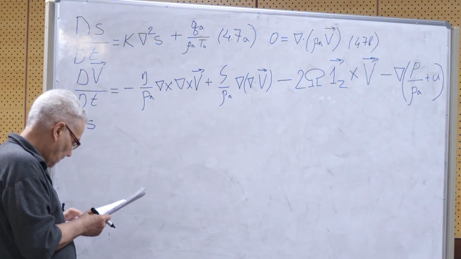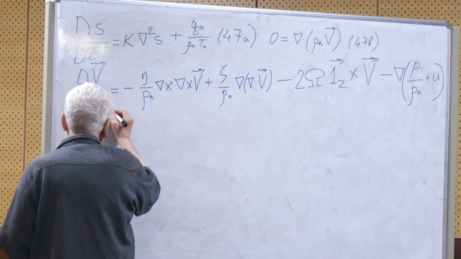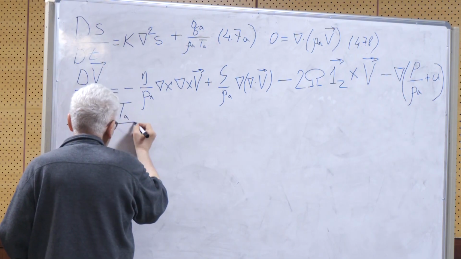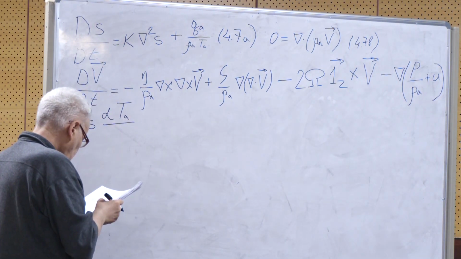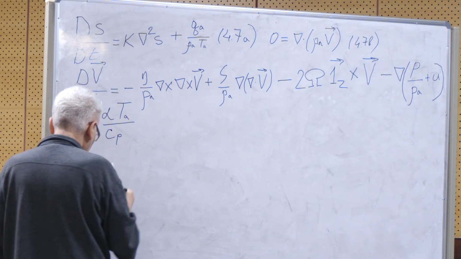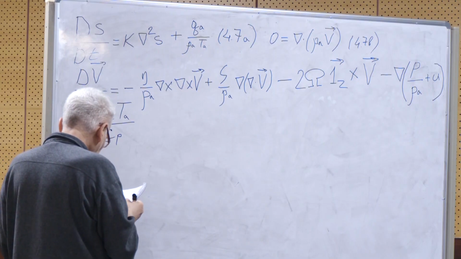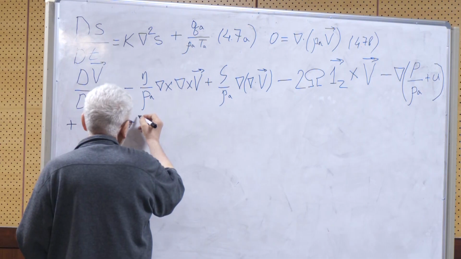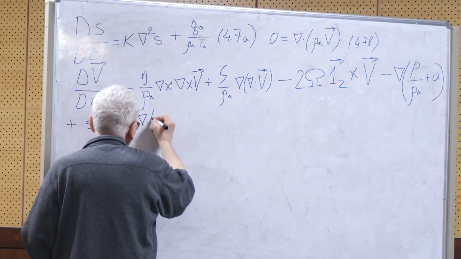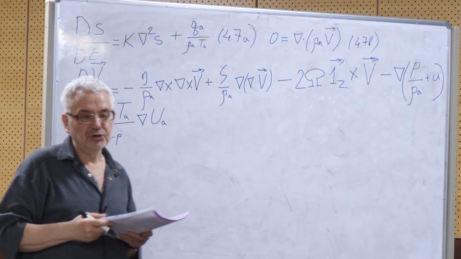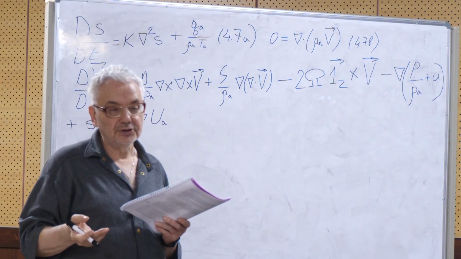And then we have this combination of the expansion coefficient, adiabatic temperature, then Cp, and of course the adiabatic gravity gradient, which is just the ordinary gravitational acceleration.